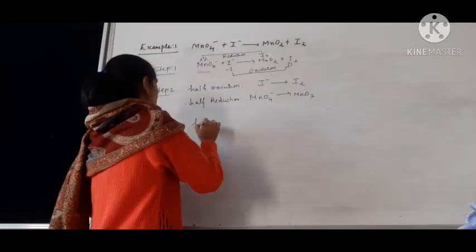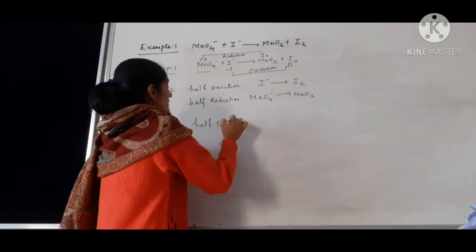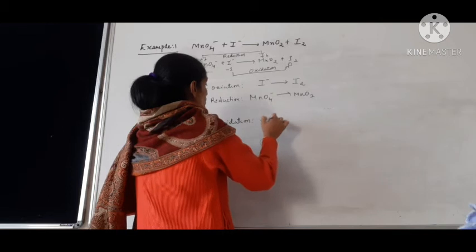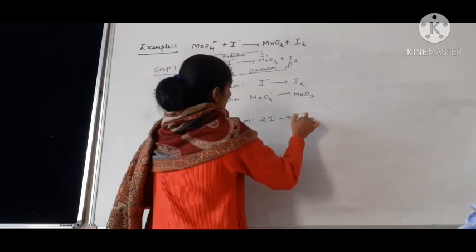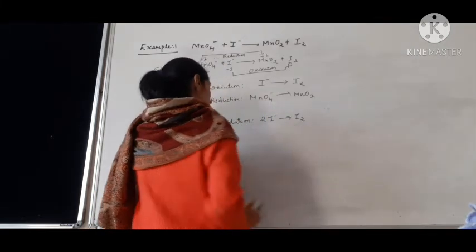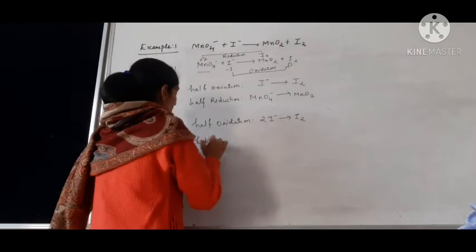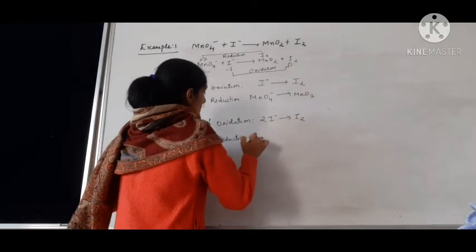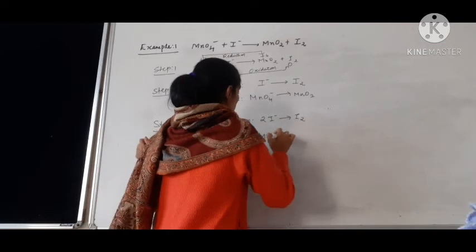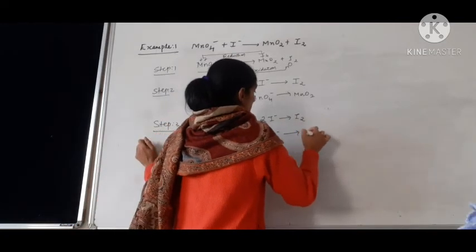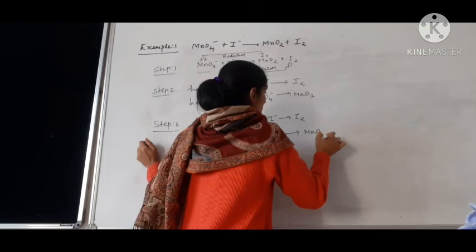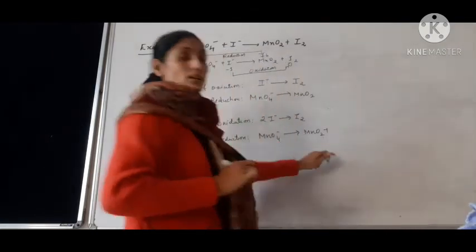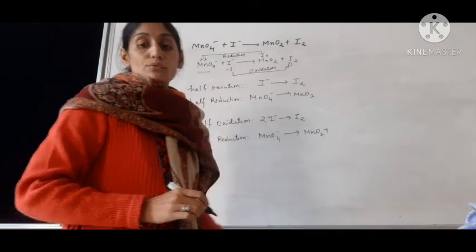For the half oxidation, there is no hydrogen or oxygen, 2I minus and I2, so iodine is balanced on both sides. And in the half reduction, we have MnO4 minus to MnO2, oxygen is fewer here, 4 here and 2 here, so we add 2 molecules of water.